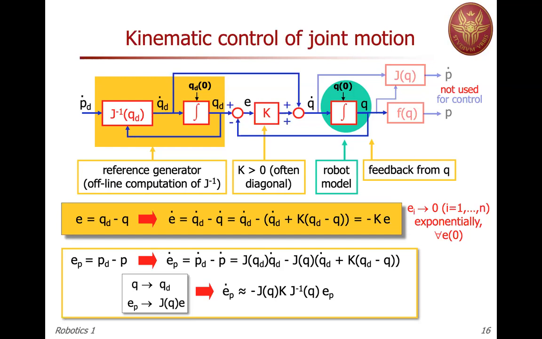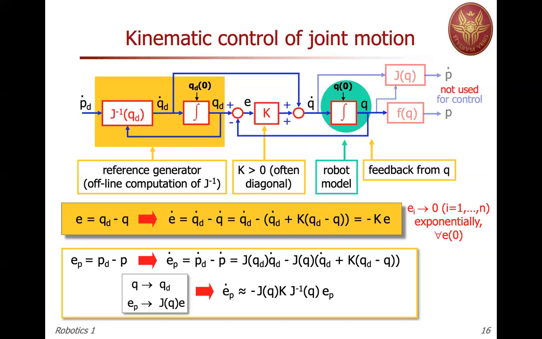Now, unfortunately, you see that in this case you cannot cancel the two terms with the Jacobian, because in one term you have the Jacobian evaluated at the current configuration, and in the first term you have the Jacobian evaluated at the desired configuration. And if these are different, these two terms do not cancel. However, you may assume that you're close enough and do an approximation.